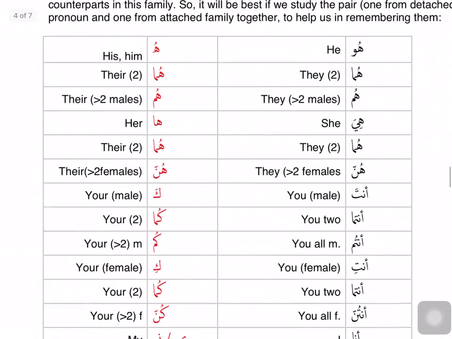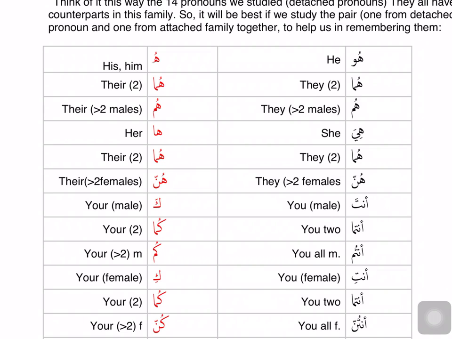These are 14 pronouns. They are called dhamair munfasila, detached pronouns.